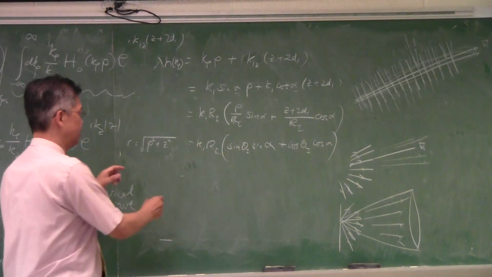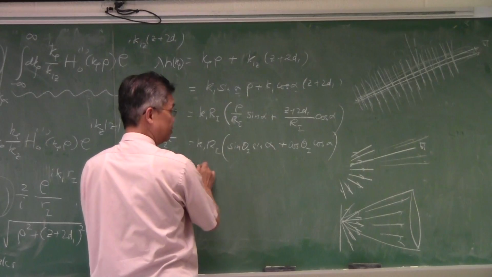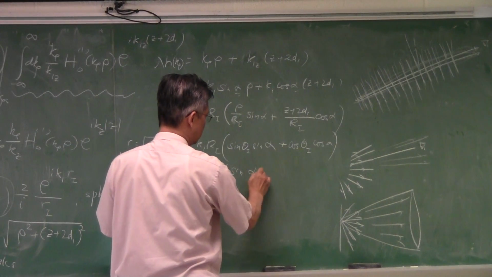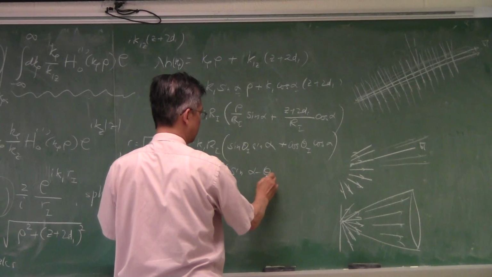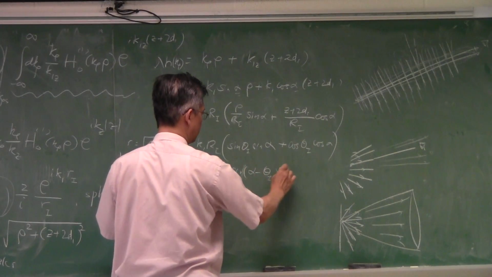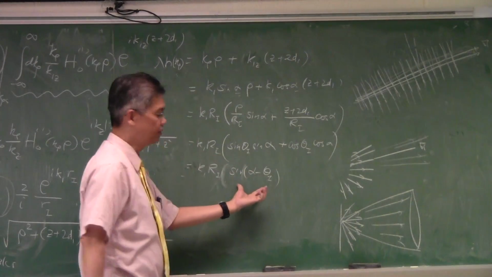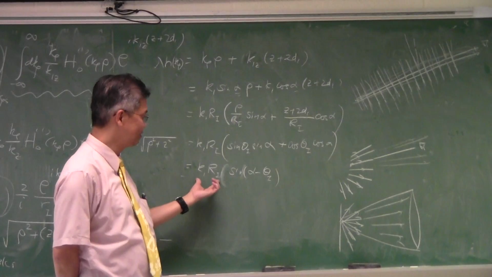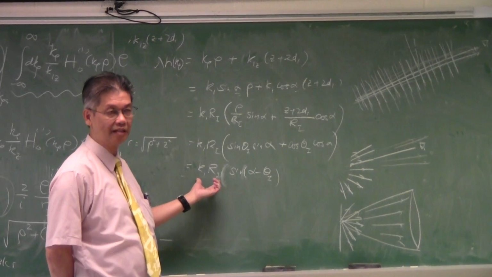Okay, and this is a number of order 1. It's never large. Never larger than 1. But this is a number that is large, that can be made large.